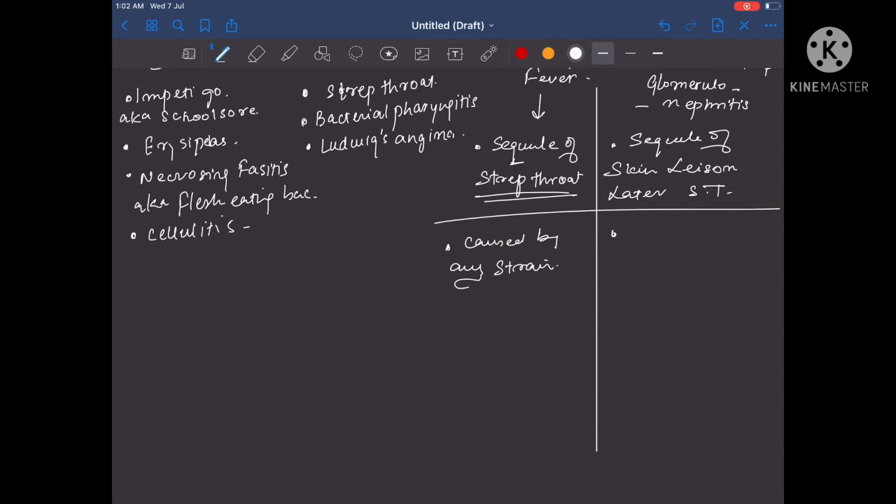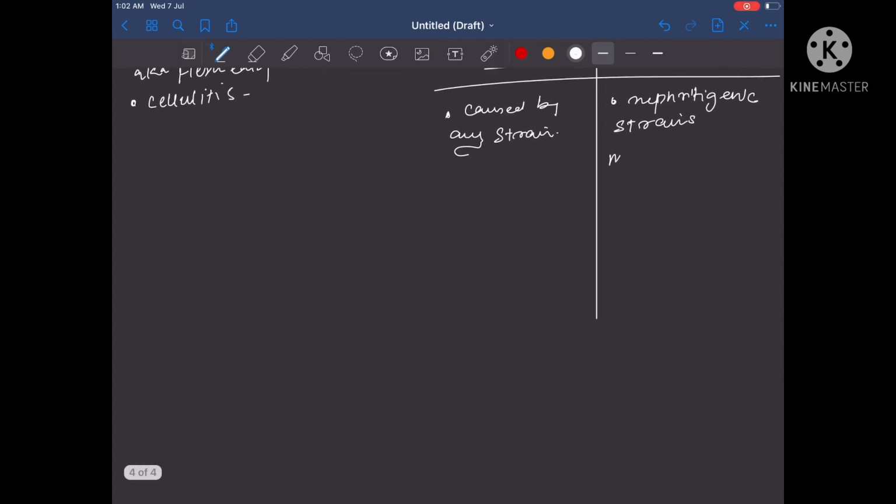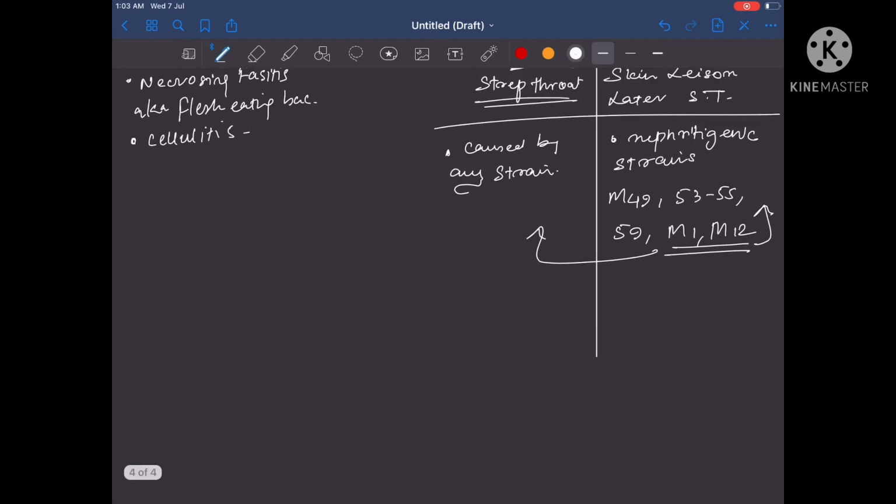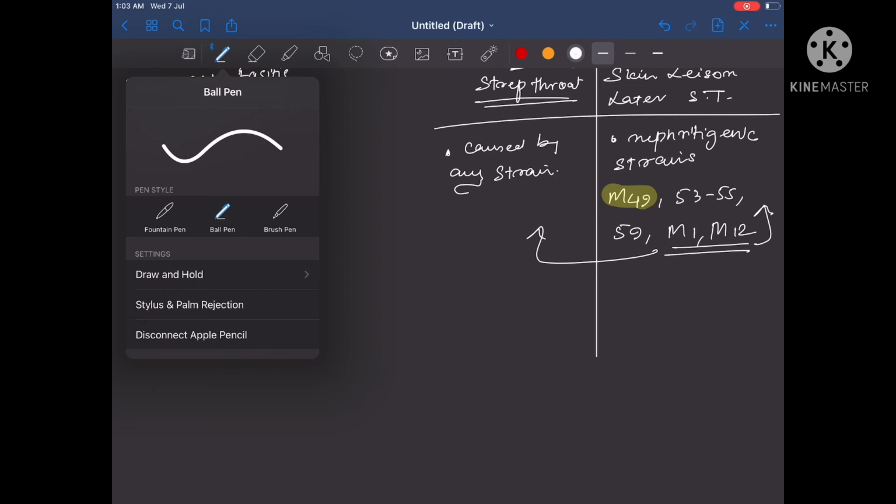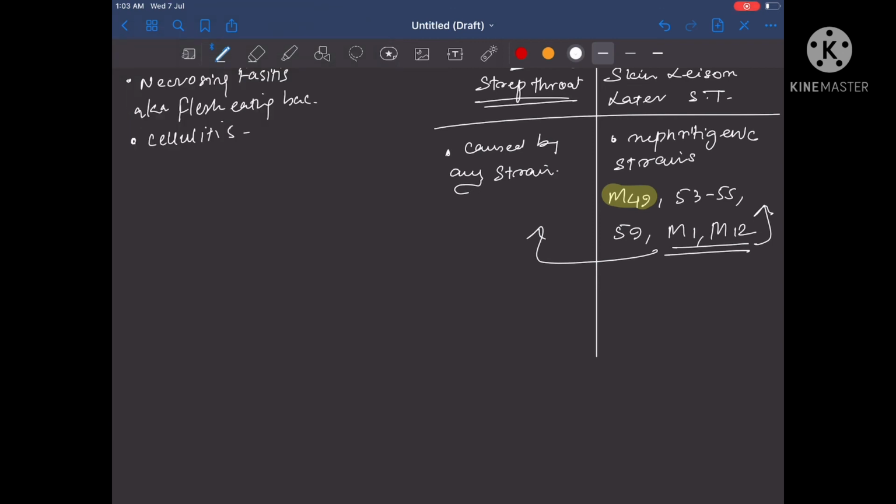On the other hand, PSG is caused by nephritogenic strains: M49, 53 to 57, M1 and M12. M1 and M12 are present in both; they can cause acute rheumatic fever and post-streptococcal glomerulonephritis.